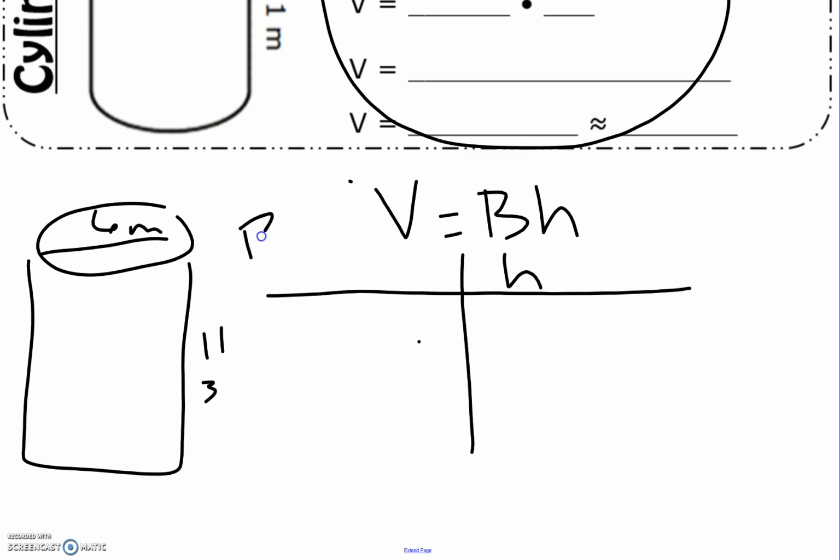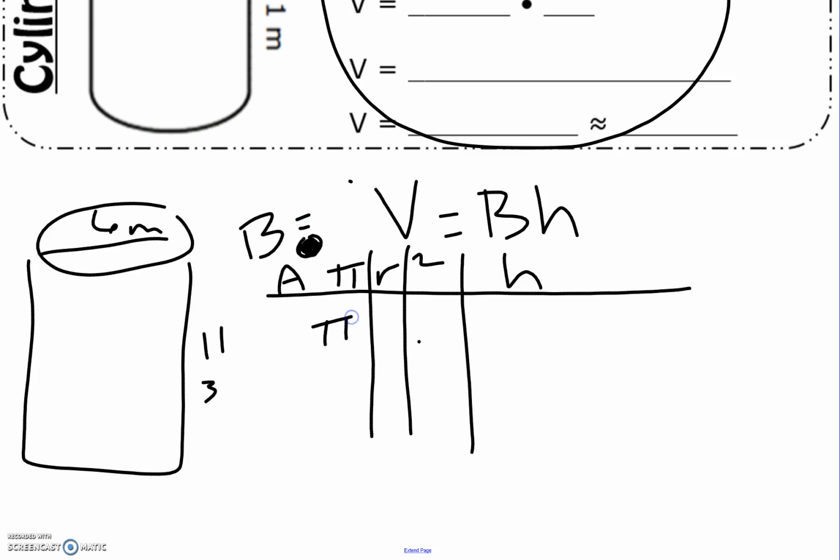Your base is a circle, so the area of a circle is pi r squared. Now what you're going to do is you're going to split these. So here's your shape as a circle. We're looking for B, and here's our H. So pi, we know pi is pi.